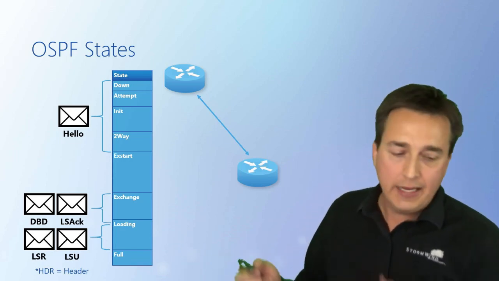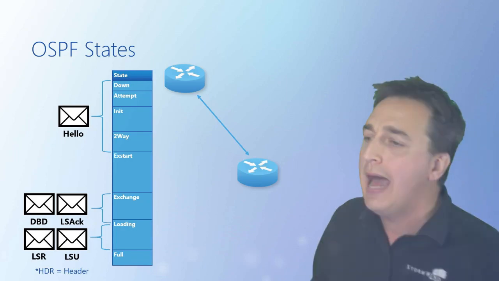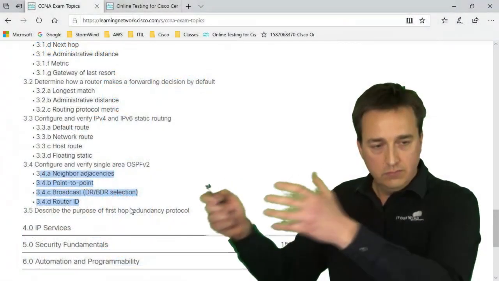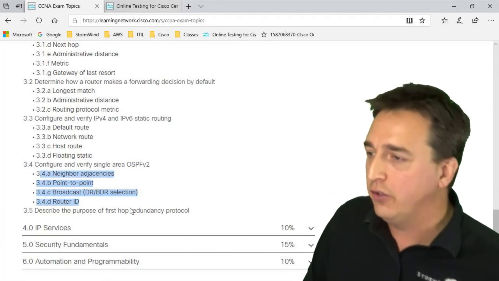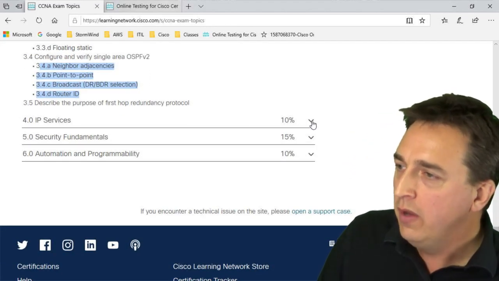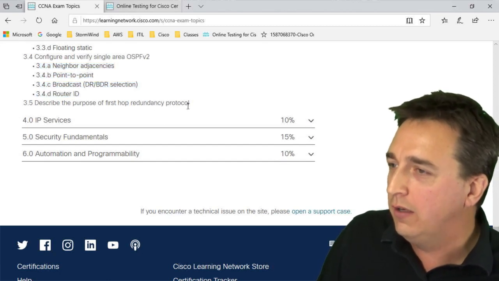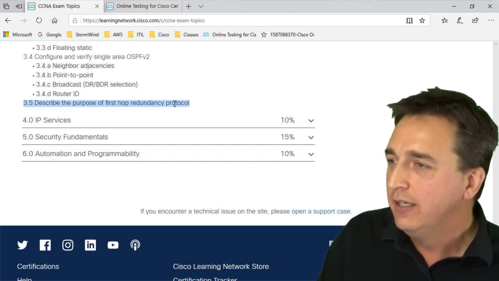So adding packet types, folks, as well as states to your preparation for this exam would be extremely valuable.